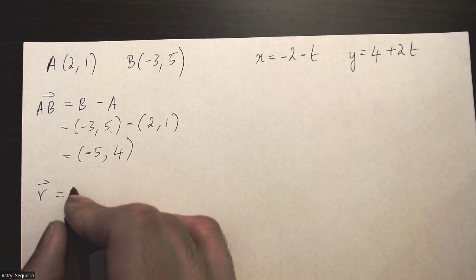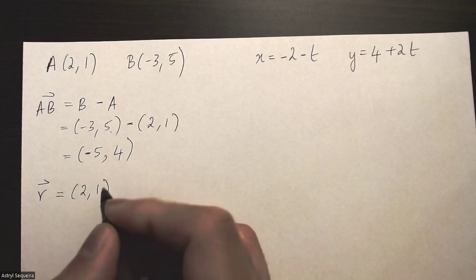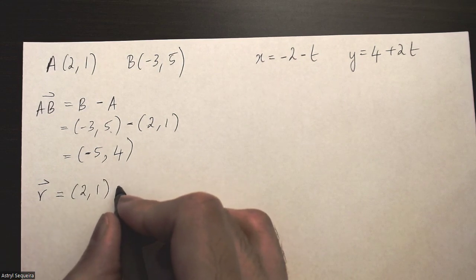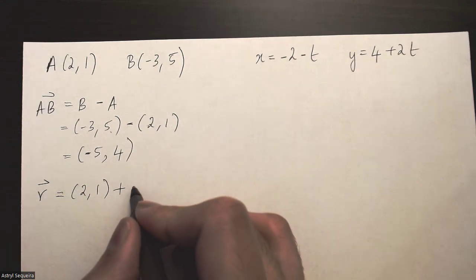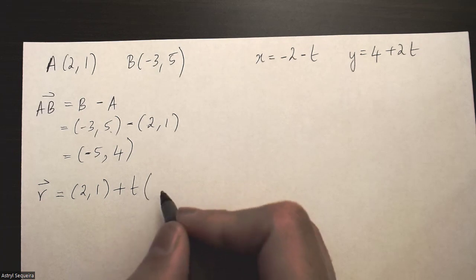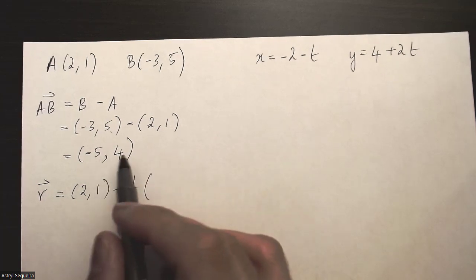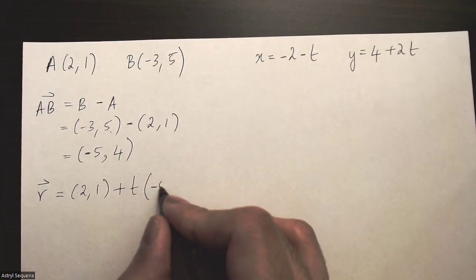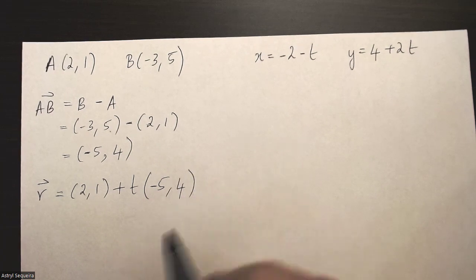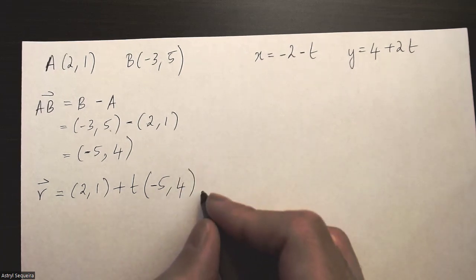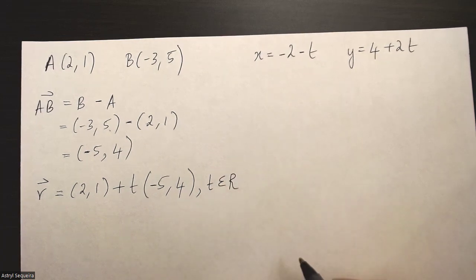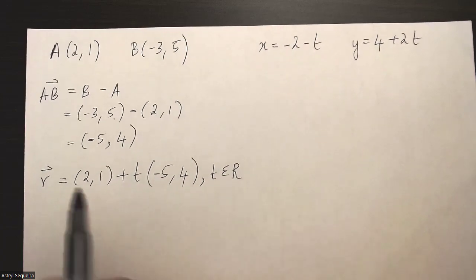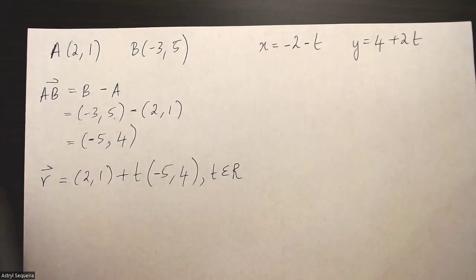It doesn't matter which one. (2, 1) plus t times the direction vector, which is (-5, 4). And then over here, I'll just write t as an element of all real numbers. So this is one possible equation for the line that passes through these points.